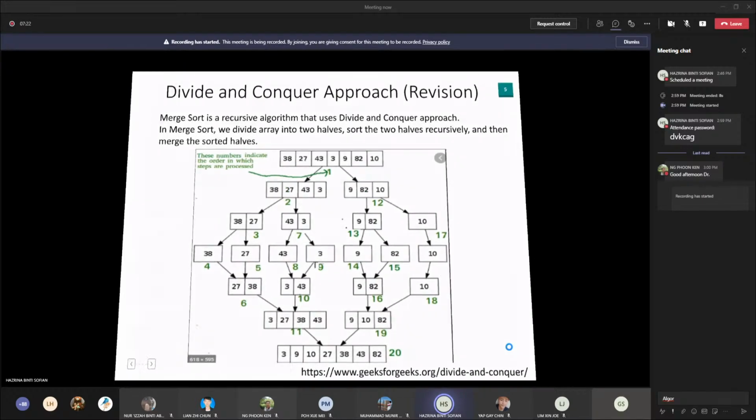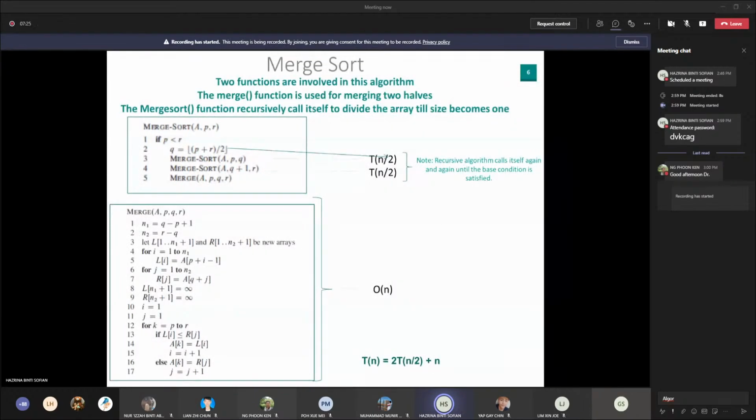Okay. So this is the algorithm for merge sort. I can see that we can separate this into two functions.